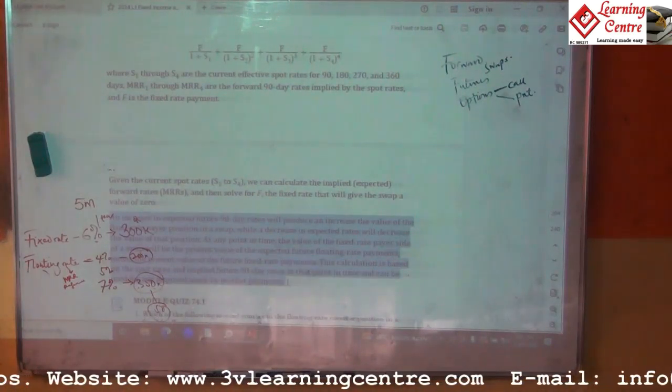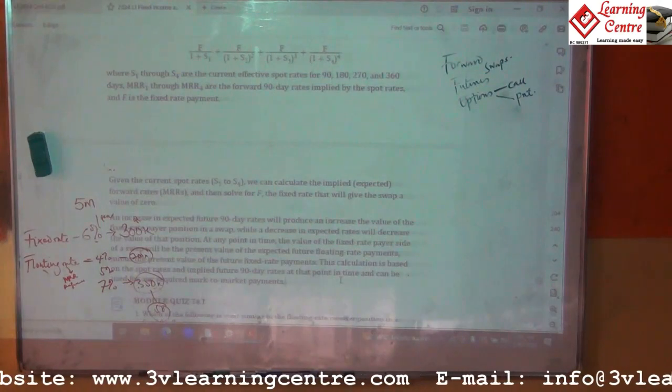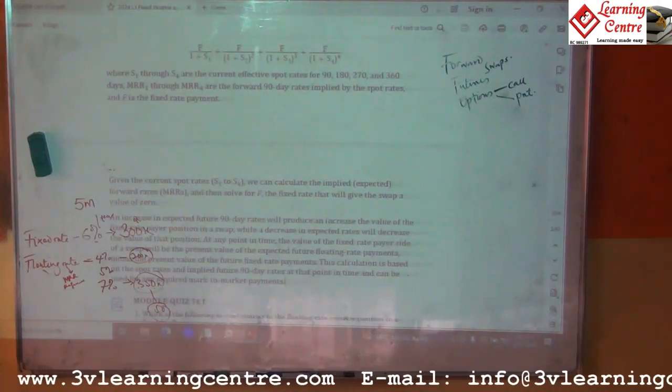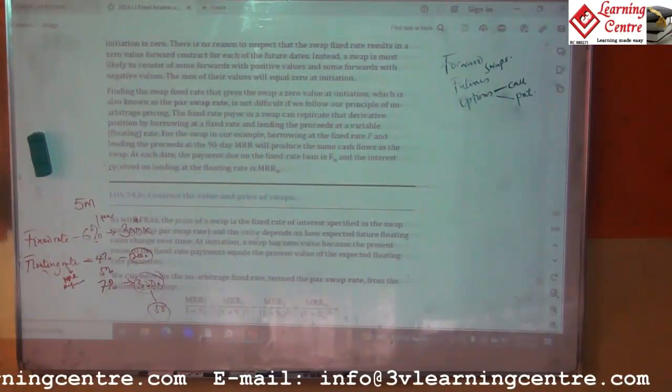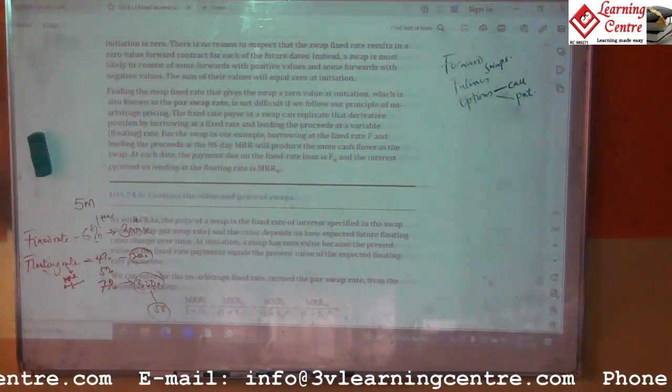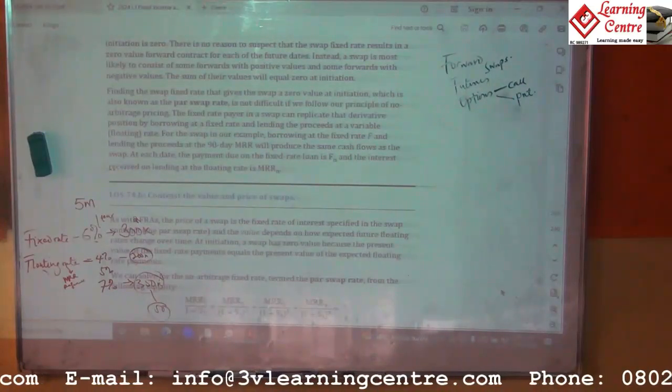So, leave all the stories. The price and the value for the swaps are similar to the forward rates. That's what you need to know.